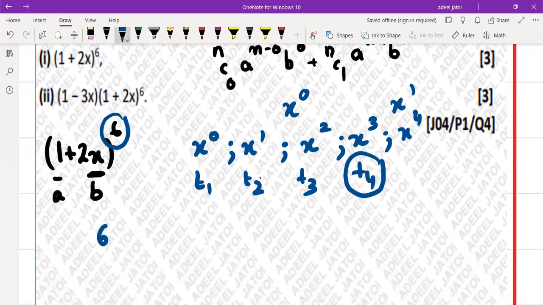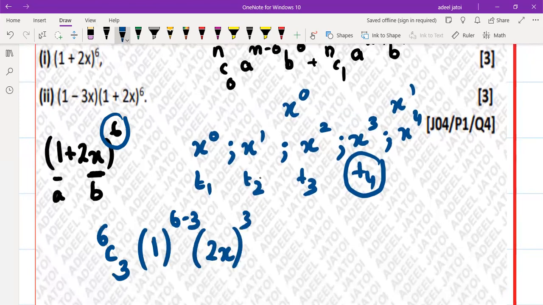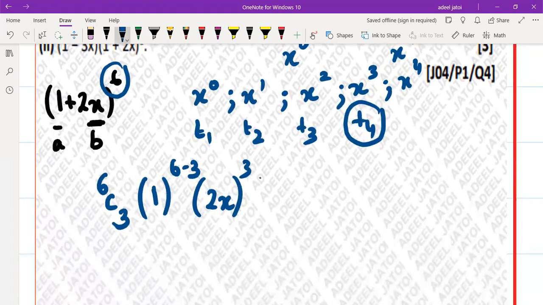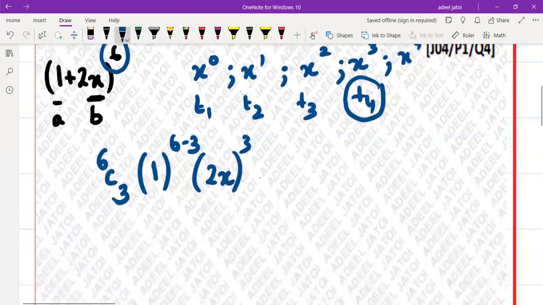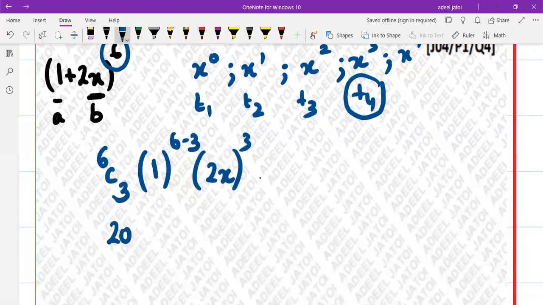So that should be 6C3, 1^(6 minus 3), (2x) to the power 3. Use the calculator to find the value of 6C3, 20. Multiply by 1, multiply by 8x cube, which means the answer for this is 160x cube.